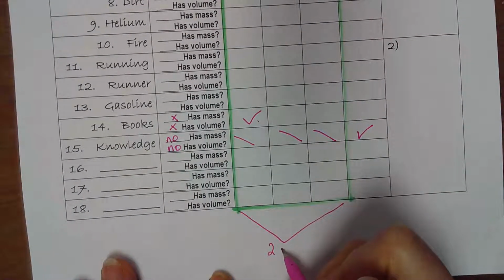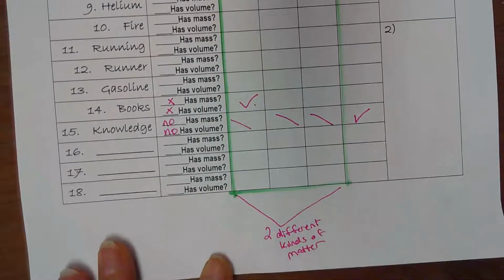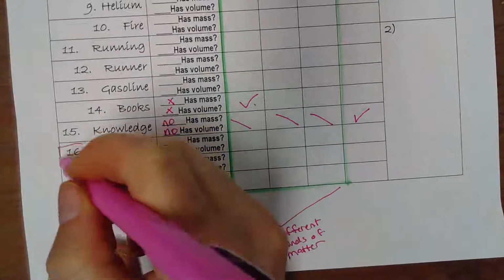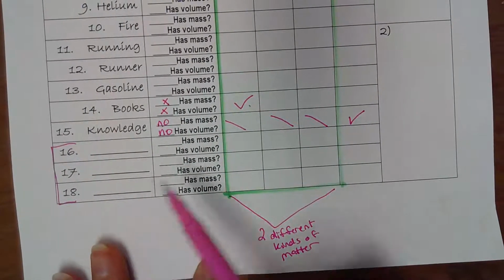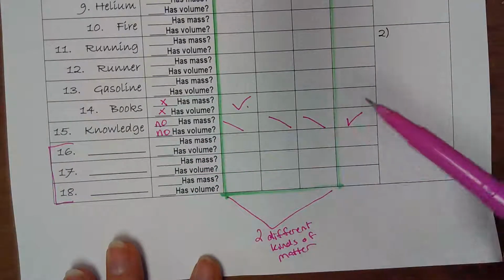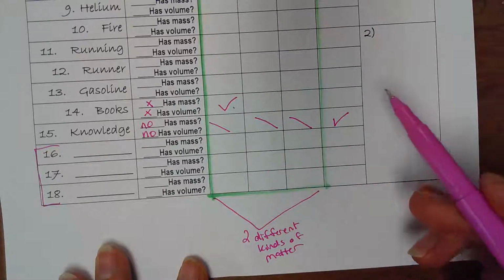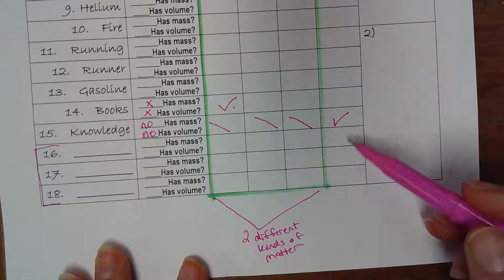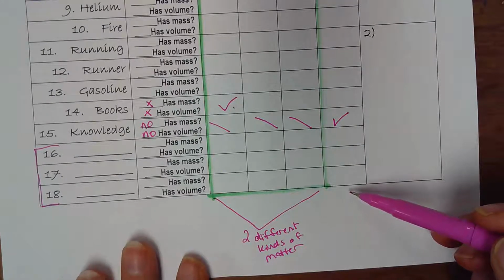So you need at least 2 different kinds of matter for 16, 17, and 18 for what you fill in those blanks. You need to prove they are matter by saying, yep, they have mass, yep, they have volume. You need to tell what state of matter they are in. If one of your items is not matter, that's fine. Mark it as being not matter.